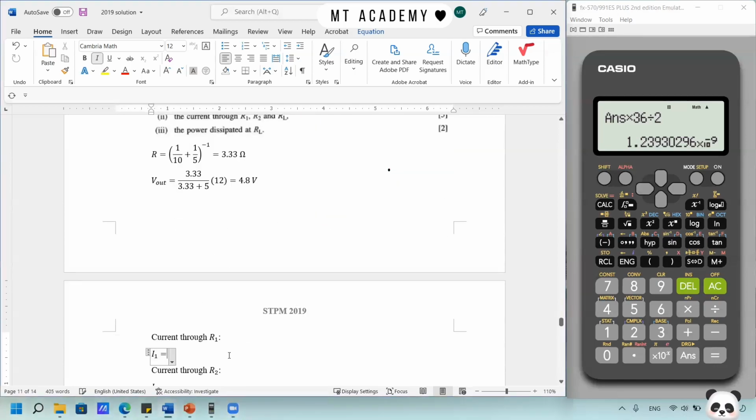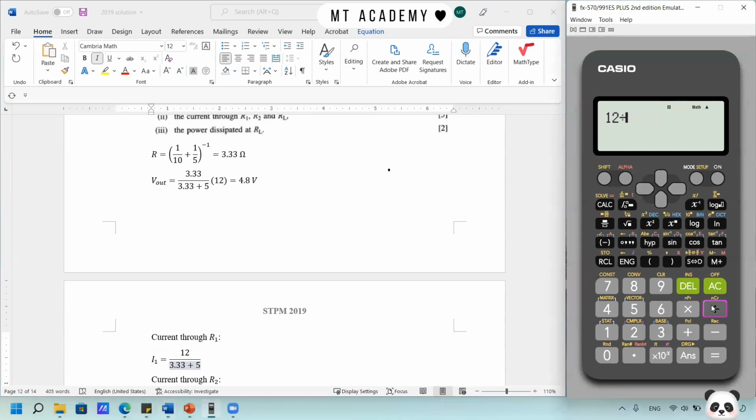So we can just apply V equal to IR: 12 volts divided by the total resistance, which is 3.33 plus 5. So 12 divided by 8.33 will be equal to 1.44 milliampere. Be careful because this is kilo ohm, so dividing by kilo, you will get milliampere.